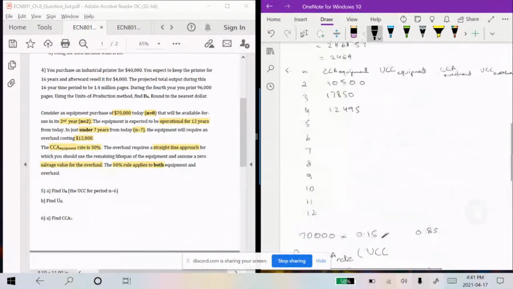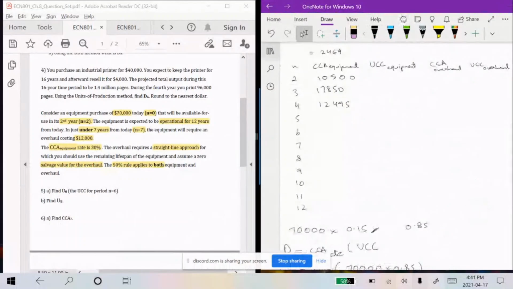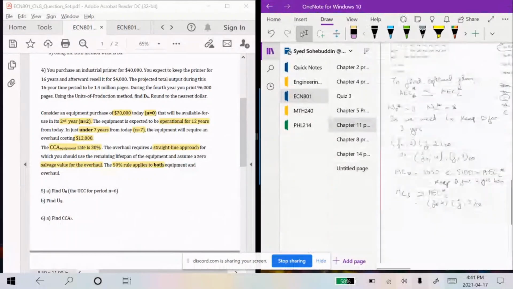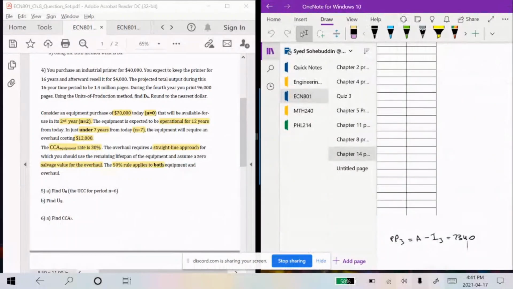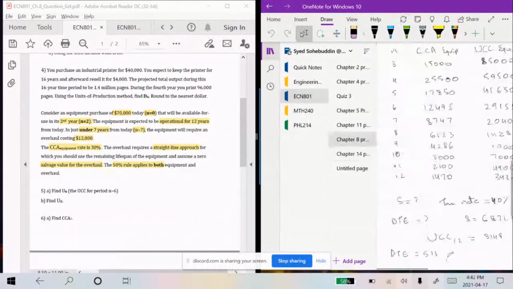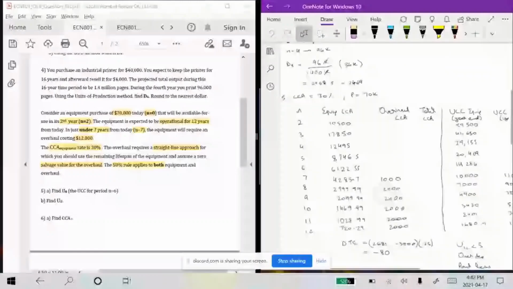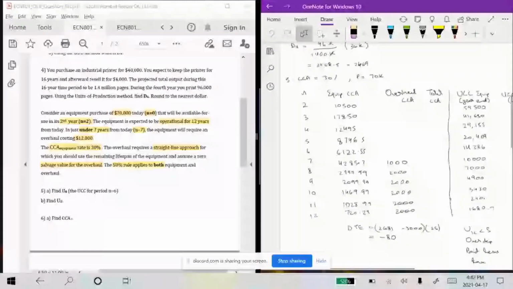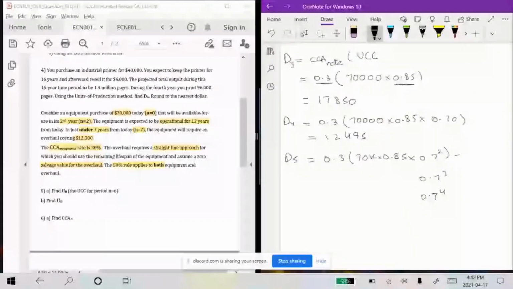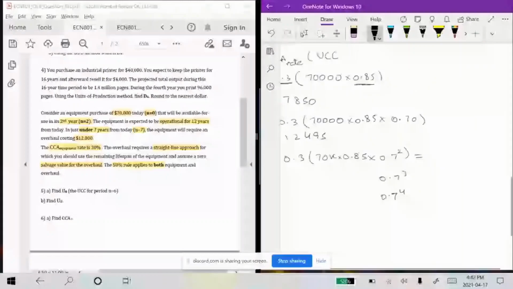I'll just use what I already did, so I wouldn't have to fill all this. We calculated till 17,850, I guess. And if you do the next one, you get 0.3 into 70,000, 0.85 into 0.7 squared.